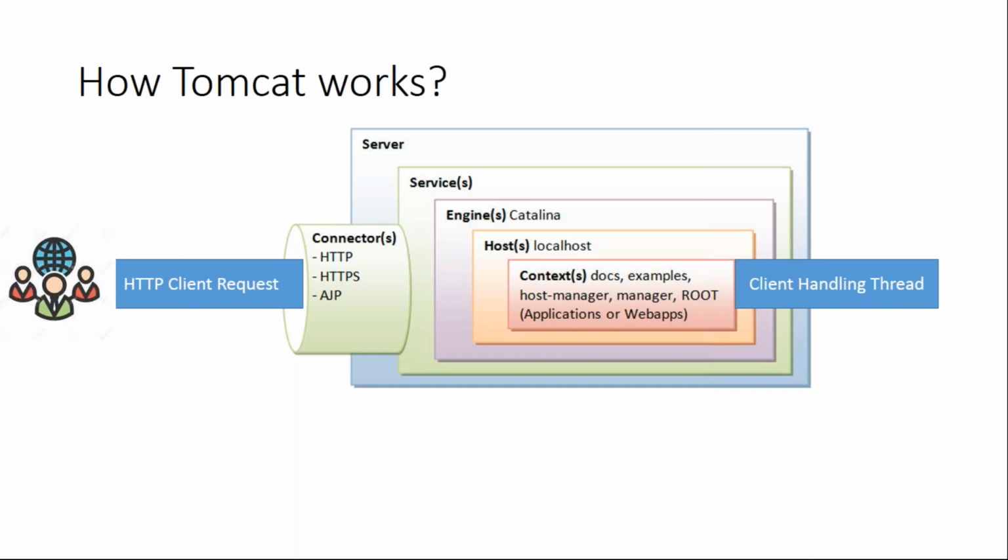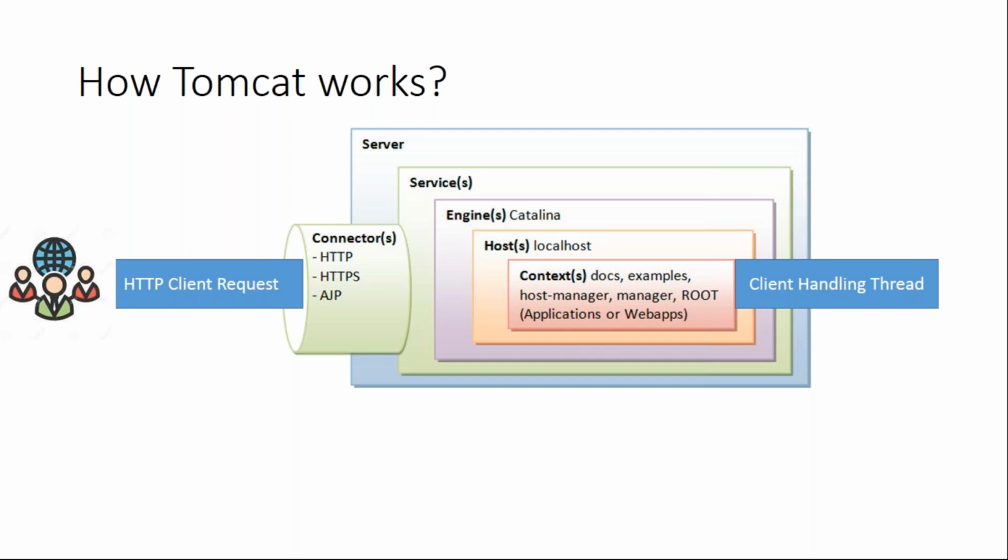So, going to access the content, what is the content? There are multiple options. You can have docs, documentation. You can have the Tomcat host manager. You can have root applications. The web applications will be accessible from the Tomcat IP address, port number, then a slash, and then you give the context. Any application that you are deploying, you can access after the port number.